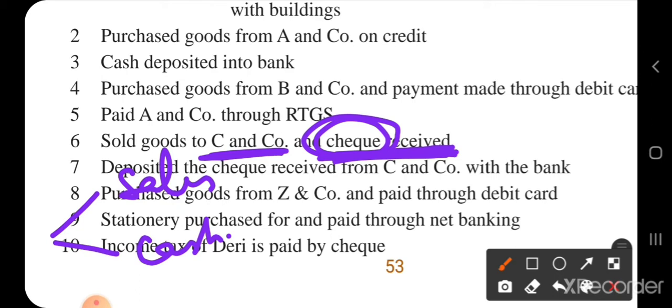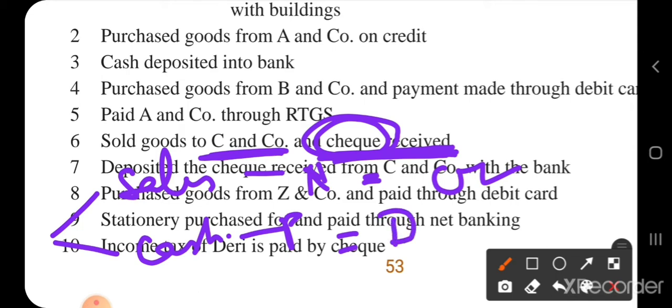Now, what are the accounts involved? Sales account and cash account. Sales is a nominal account. Cash is a personal account. Now apply the rule. Nominal account: debit all expenses and losses, credit all incomes and gains. Sales is an income. When you sell something, you receive cash, so it is an income, so you credit. Personal account, what is the rule? Debit the receiver, credit the giver. Here, sold goods to C and company and check received.